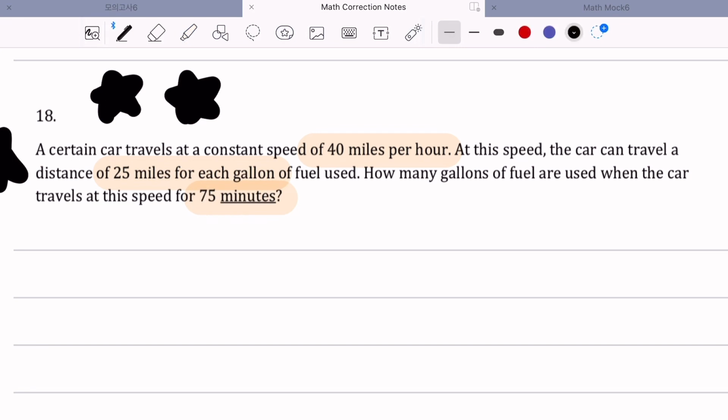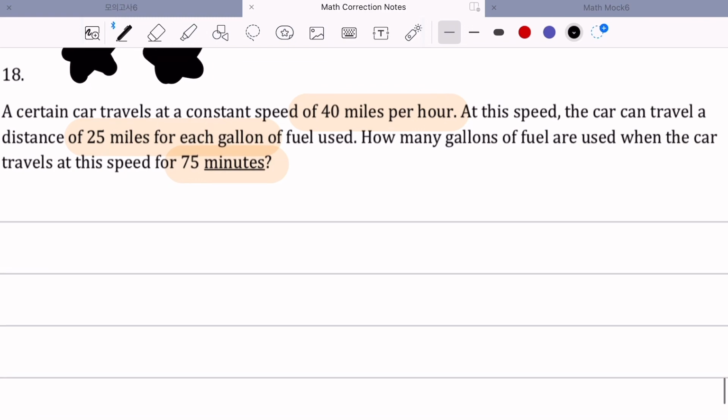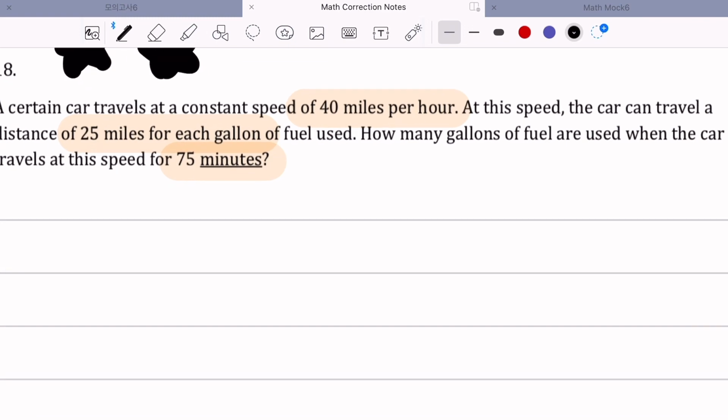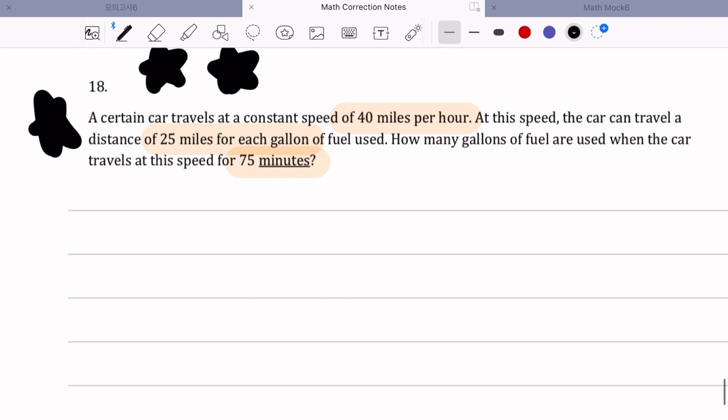This question is really tough because there are lots of units and they don't match each other, but it seems like they're matching. And I think the most difficult reason why this is so tough is you don't really know what to do first. It seems easy, but you don't know the first step to solve the question. So let's slowly and gradually solve the question together.